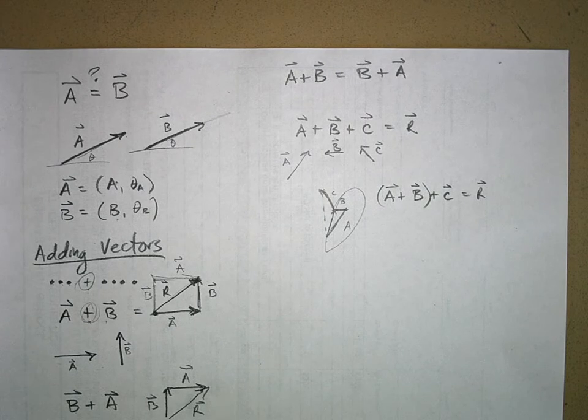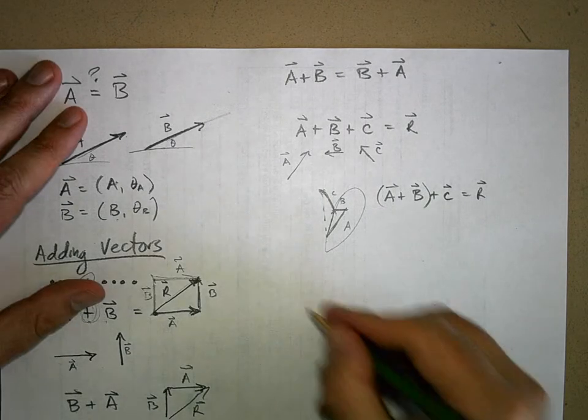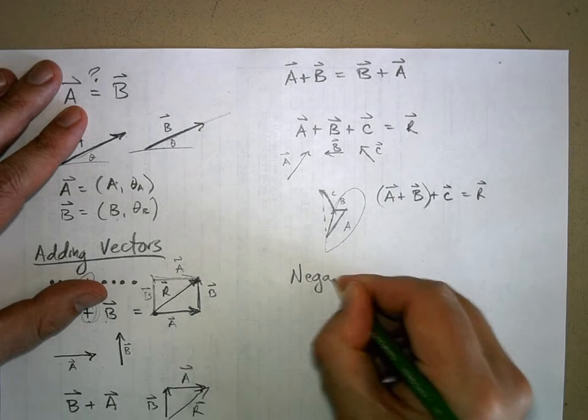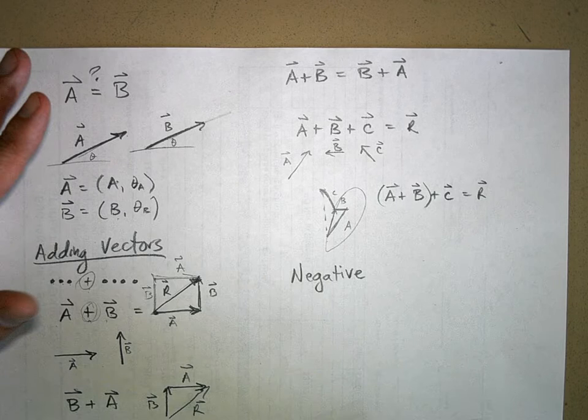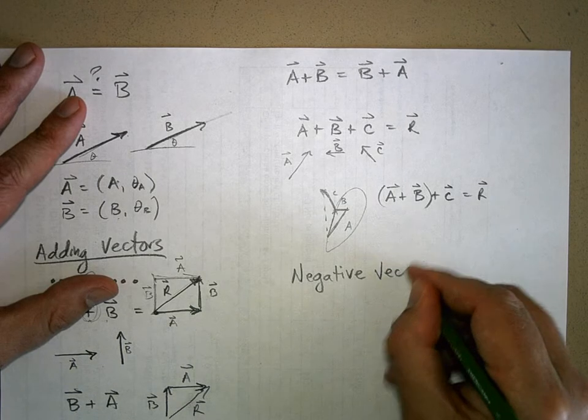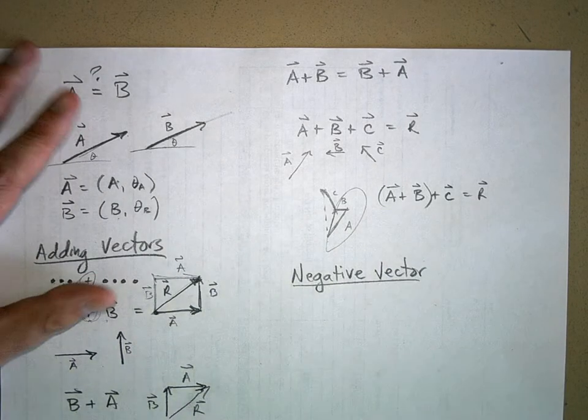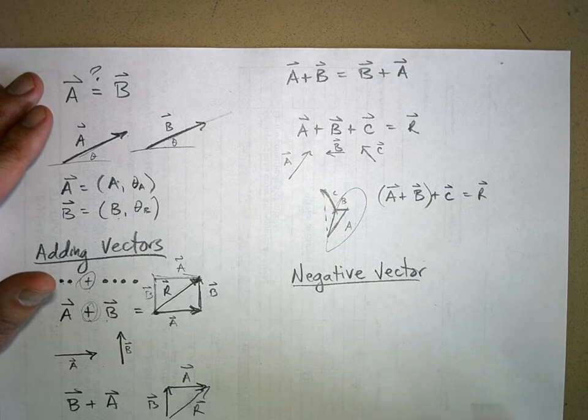So that's great. Now, let's define what is a negative vector. We have negative scalars, right? So what is a negative vector? Right, same magnitude, opposite direction. That's exactly what it means.